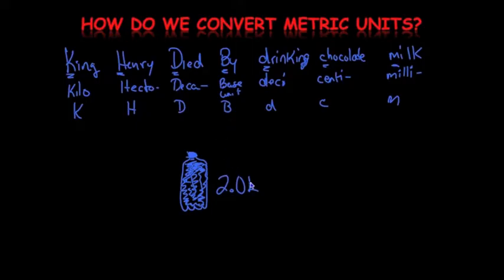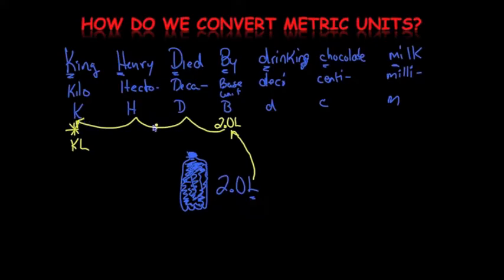So the liter is, remember, a base unit. Now if we wanted to convert it to kiloliters, kiloliters is over here. So in order to get to kiloliters from the base unit, we have to jump through 1, 2, 3 prefixes.